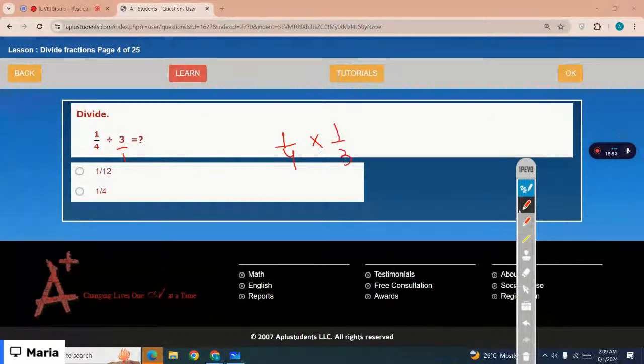So 1 times 1 is 1 and 4 times 3 is 12. So the correct option is 1 over 12. Got it? The correct option is option number 1.